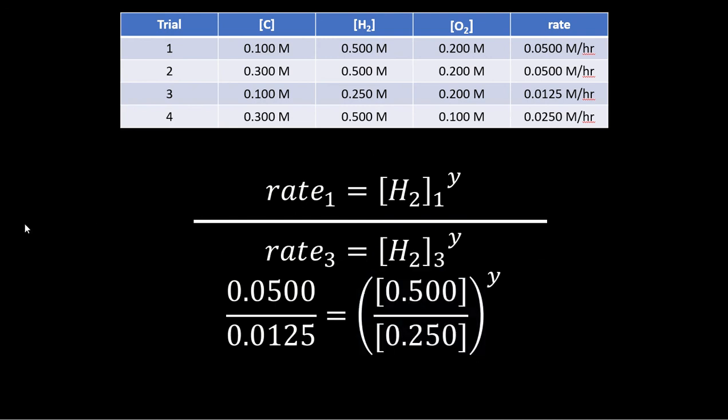Now, effectively, what that ends up giving us is 0.05 divided by 0.0125 equals 0.5 over 0.25 raised to y.